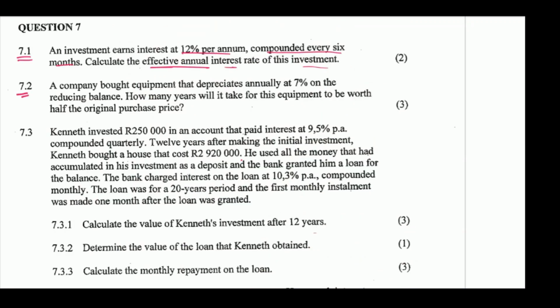7.2. A company bought an equipment that depreciates at 7% on a reducing balance. How many years will it take for this equipment to be worth half its original price? We are told that this equipment depreciates at 7%, right?